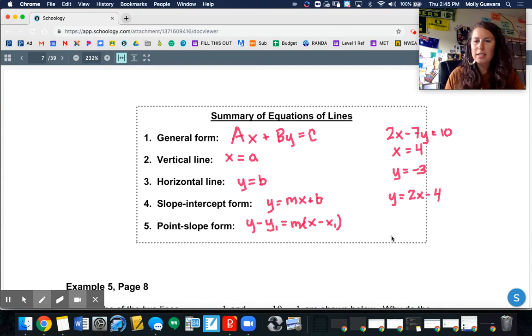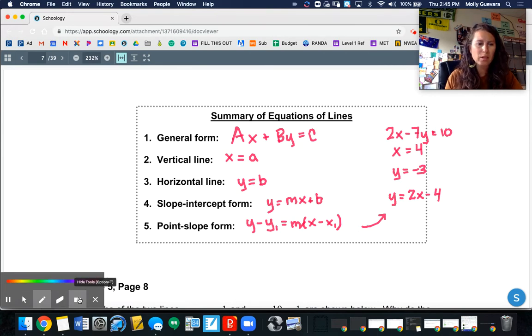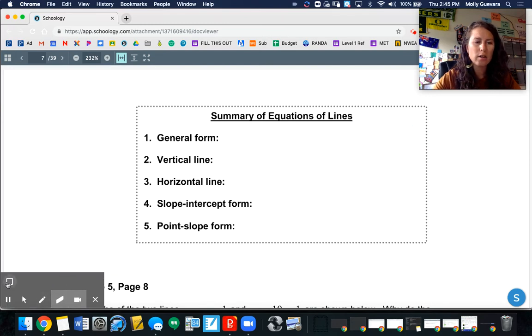And then that's kind of when you have this, and I'm not going to write an example with it, but once you have this, you still want to end up writing it into slope intercept form once you're done. So point slope form is just kind of like that halfway mark that gets you from one point to the other. So that's a nice little summary of all of the different types of equations.